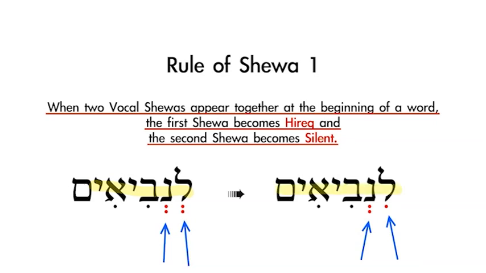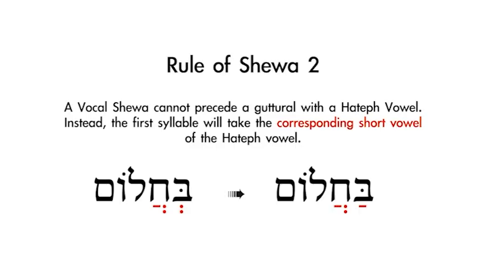In the example here on the right, there are no vocal Shewas. There's a hirik in a closed syllable. So that's the first rule of Shewa. Whenever two vocal Shewas appear together at the beginning of a word, they become hirik followed by a silent Shewa, or hirik in a closed syllable. That's an important rule that's going to be applied over and over again in Hebrew as we progress through the chapters, both nouns and other parts of speech and even verbs.